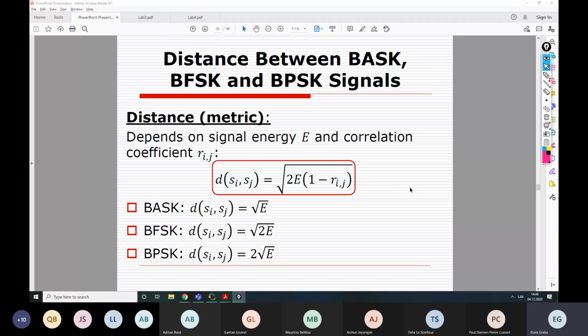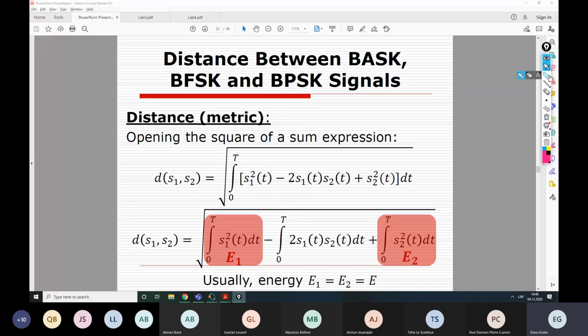So this allows us to rewrite this entire expression in a much simpler way. So this is our energy E1, this is our energy E2, which are actually the same in most cases, right? Now, this integral would be the correlation coefficient Rij multiplied by the same energy E. And then we can put E outside of the brackets.